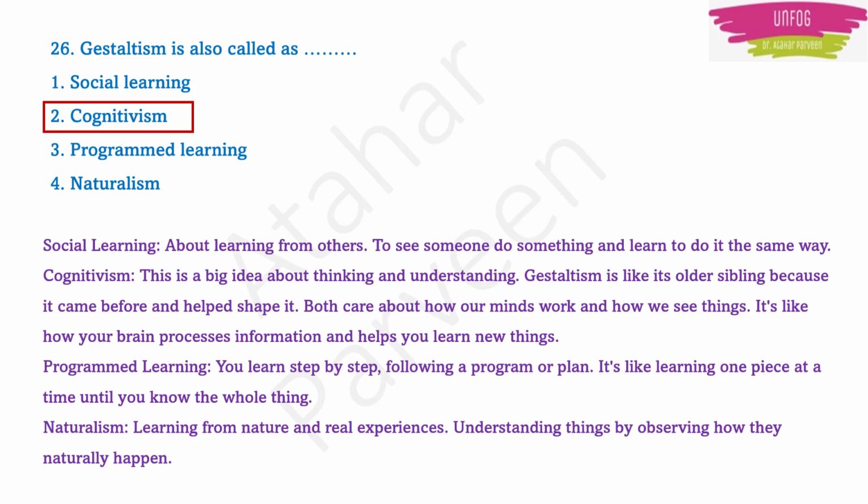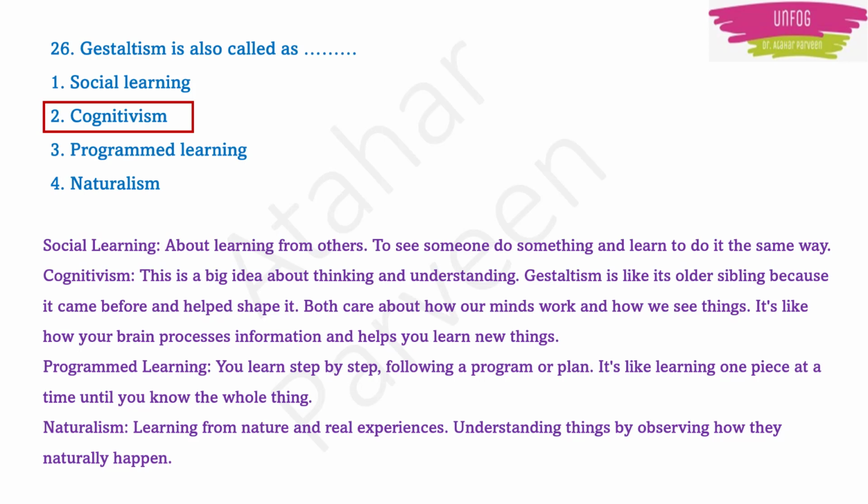Gestaltism is also like cognitivism only, but you can say it is the older sister or older brother of cognitivism, because it came before and helped to give shape to it. Actually, Gestaltism and cognitivism both care about how our minds are working and how we see things. Okay, I mean to say how our brain is processing information and how it is helping us learn new things. Both Gestaltism and cognitivism have the same idea.